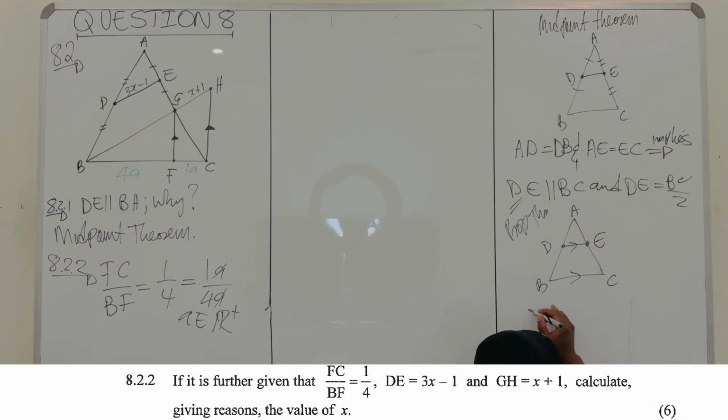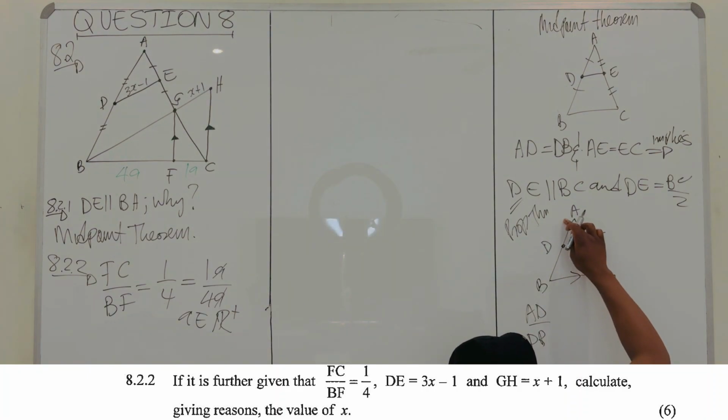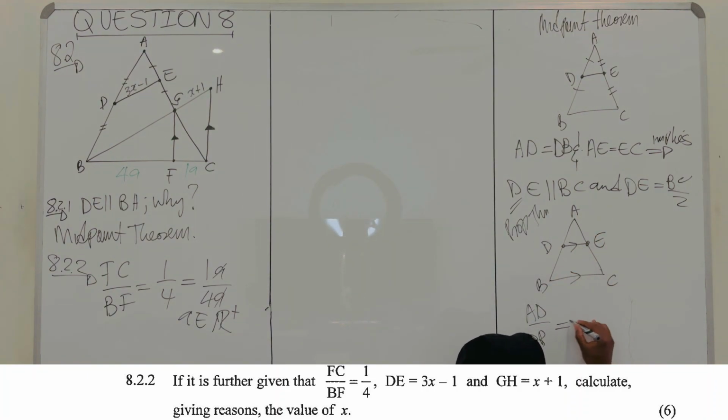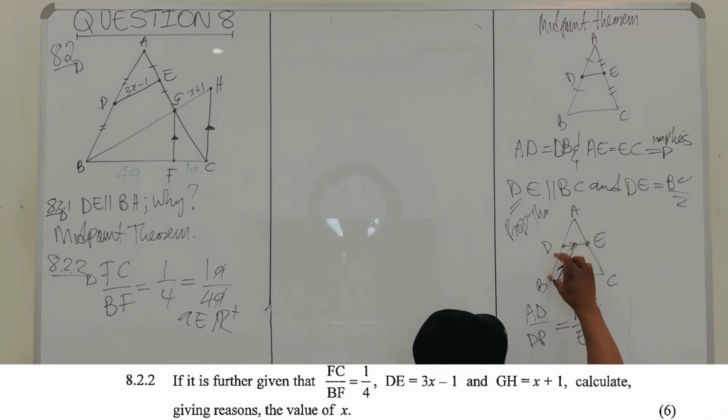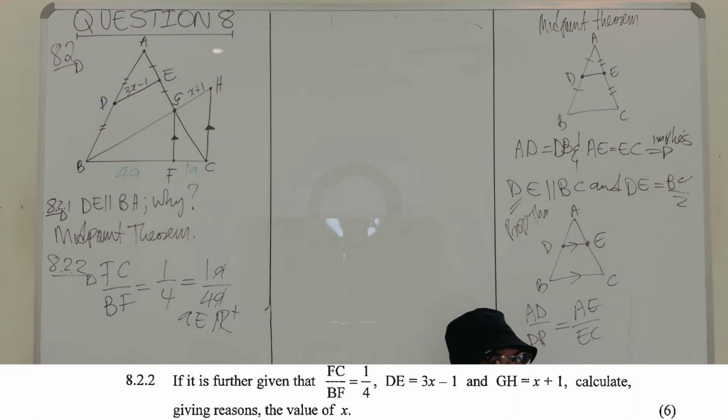In that case, which is your AD over DB, which is this side over this side, is equal to AE over EC. So what you need to understand, we're saying the top part over the bottom part is equal to the top part over the bottom part. That's not the only way in which proportions work, right? So as long as you're taking the ratios of the same parts, then those ratios will always be the same.